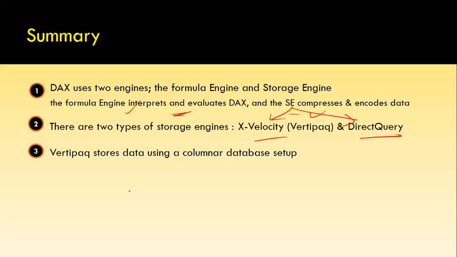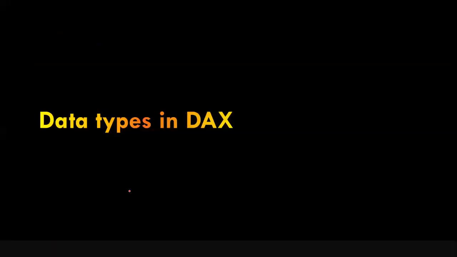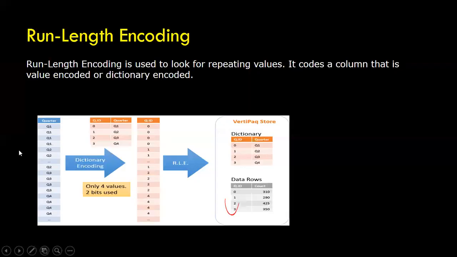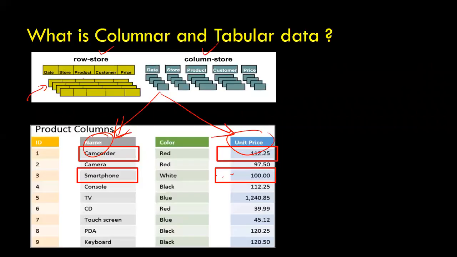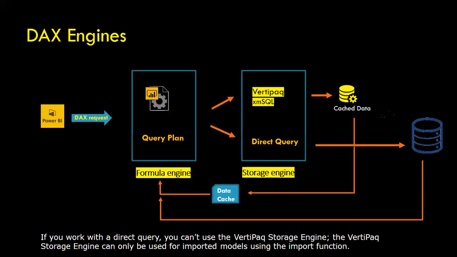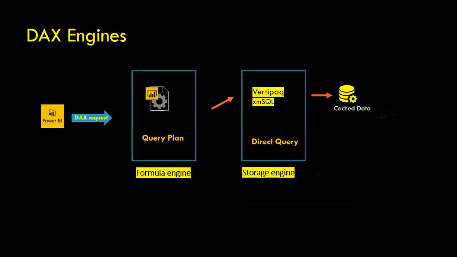Next, VertiPaq stores data using a columnar database setup, which we already discussed, and the raw data is compressed and encoded to optimize processing and to reduce the storage space. Hope you are able to understand the mechanics behind how VertiPaq, the storage engine, works behind the scenes, which is nothing but the DAX engines.